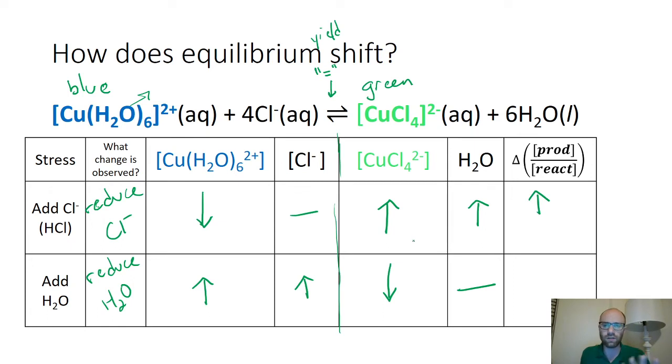As long as we only look at the things that aren't stresses, we can see that all of the reactants and all of the products will follow the same pattern, and in this case, we should see a decrease in our product to reactant ratio, as in more reactants and fewer products. So this is how equilibrium can shift, where you get more of one substance at the cost of another.